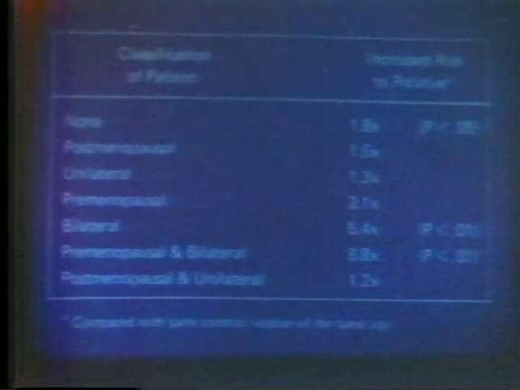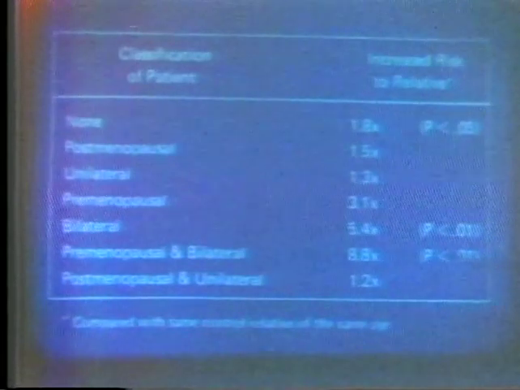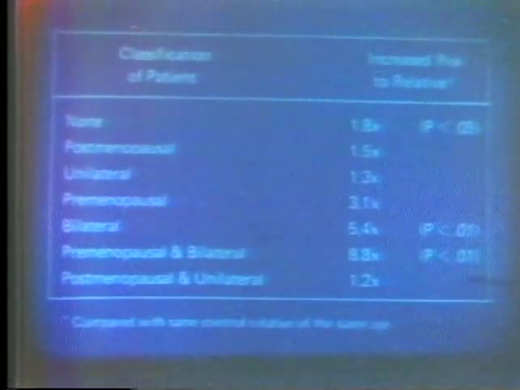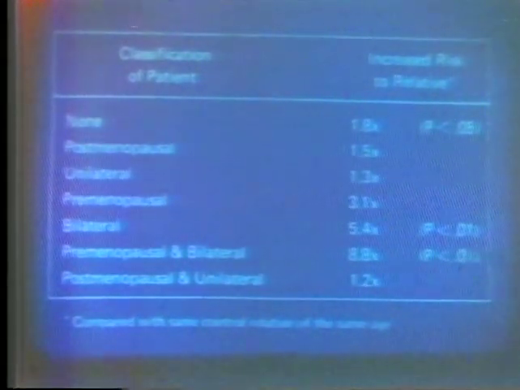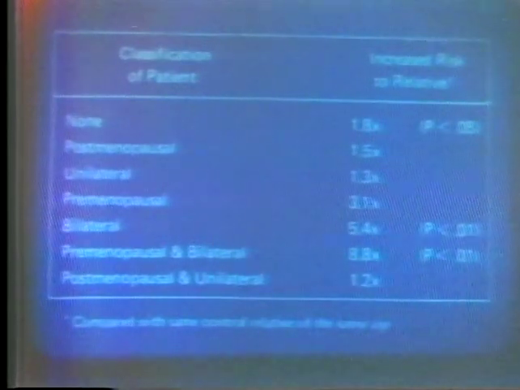When you apply these criteria to breast cancer, instead of the 2 to 3 times increased risk for certain relatives, when you look at the relatives of patients who have a positive family history of breast cancer and patients in whom the breast cancer was premenopausal and bilateral, you get a much greater increase in the risk of breast cancer to the relative.